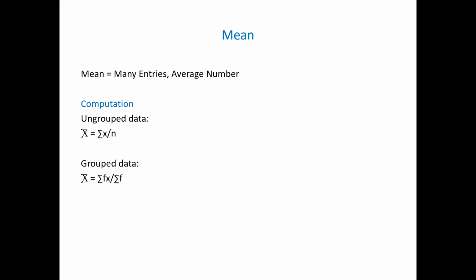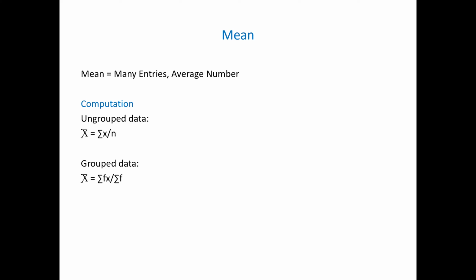Mean, I will not waste time, is the average. If you add all the values together and divide by the total number, the sample size, it gives you the mean. So sometimes we write the formula as mean, X bar. We already said it when we were discussing parameter and statistics.